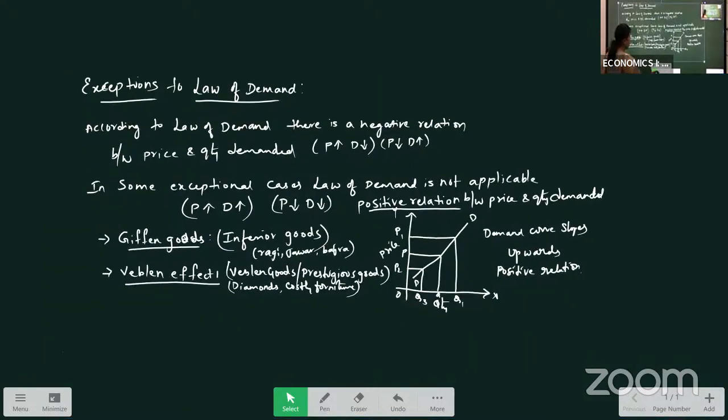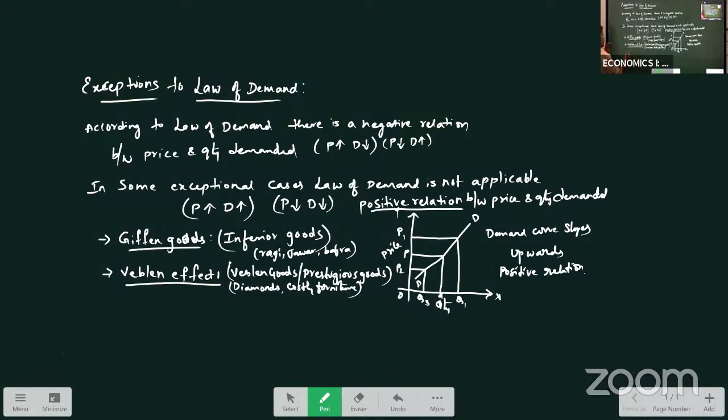Okay. Then the next exceptional case is speculation. What is this speculation? Speculation means passing on wrong information about commodities, that in future the prices may still increase.